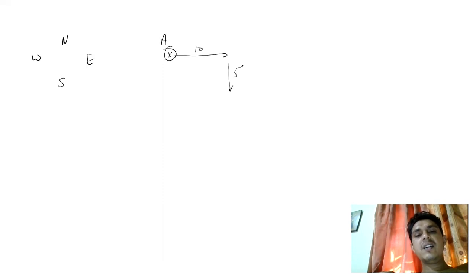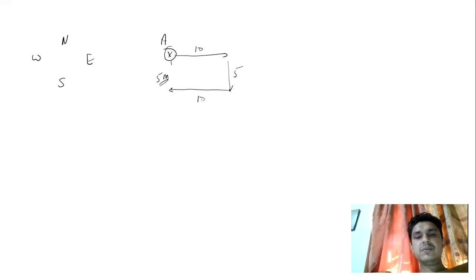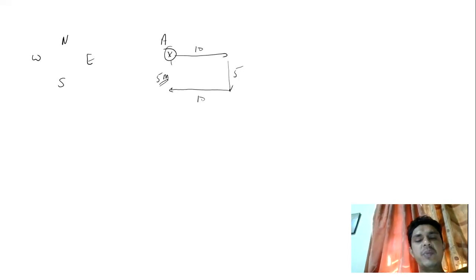Then again he takes a right turn and moves 10 meter. What will be the air distance from the point where he started to the point where he reached? So friends, we can simply answer that the answer will be 5 meter, right? This is the basic idea about the directions, like what exactly we have to do in direction sense.